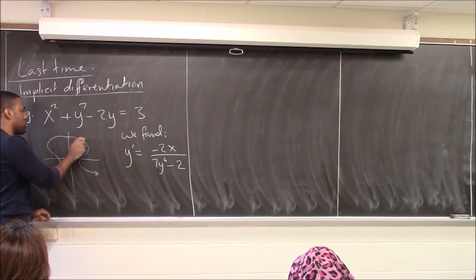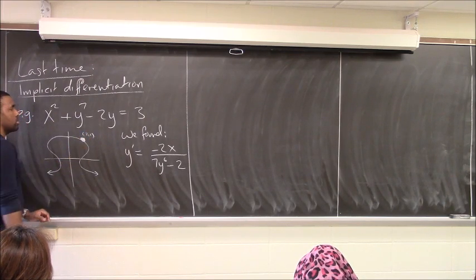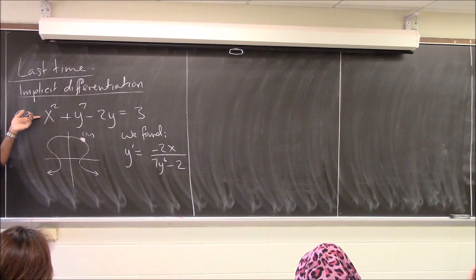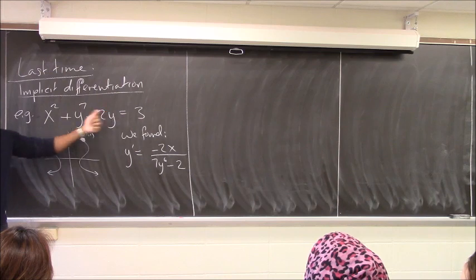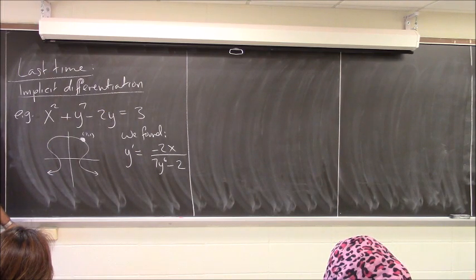Let's say I pick a random point here, (2, 1). You can verify that that point is actually on this curve. If you plug in x equals 2 and y equals 1, you get 4 plus 1 is 5 minus 2, which is 3. So by inspection, we can see that this point is on the curve.